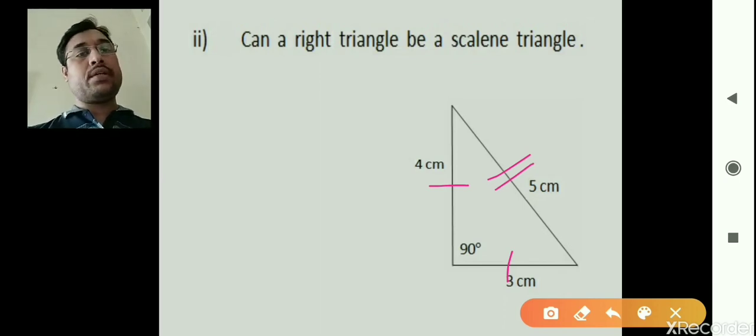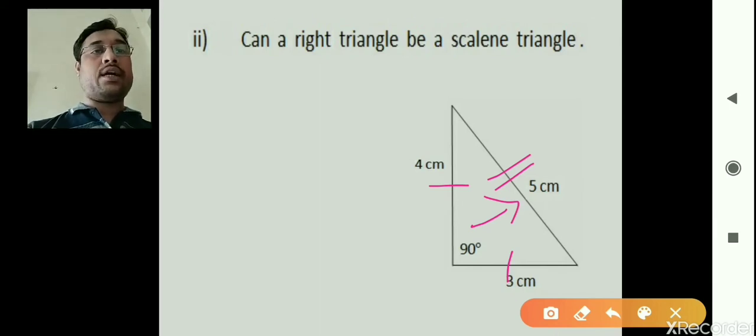Why is it hypotenuse? Because it is lying opposite to the 90 degree angle. The side lying opposite to the 90 degree angle is the hypotenuse in a right triangle. And the dimensions 4, 3 and 5 centimeters represent the sides of a right triangle because they satisfy the Pythagoras theorem also.